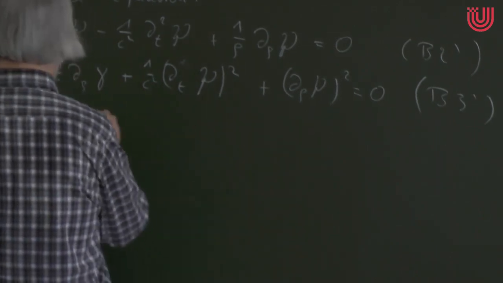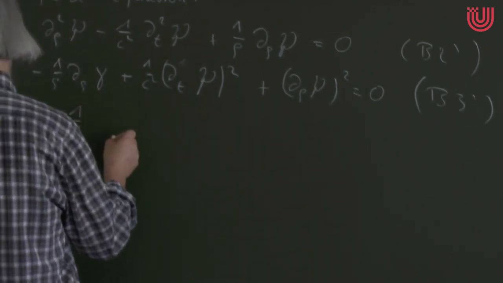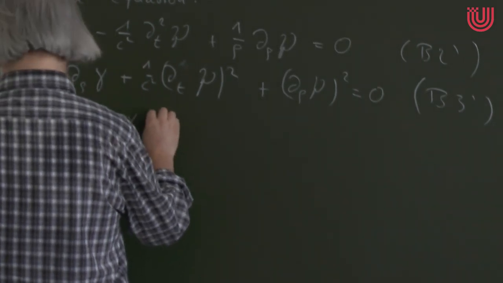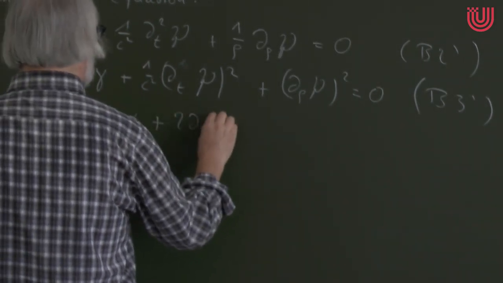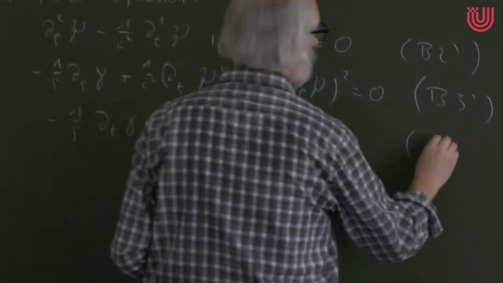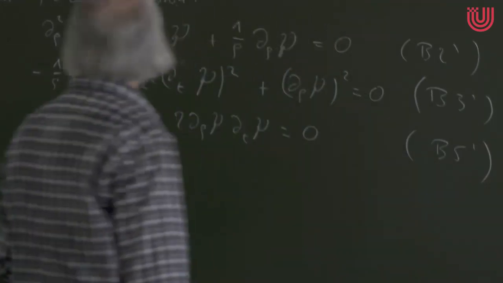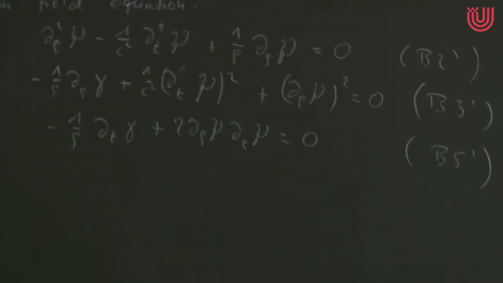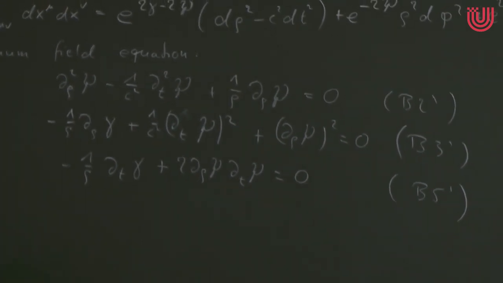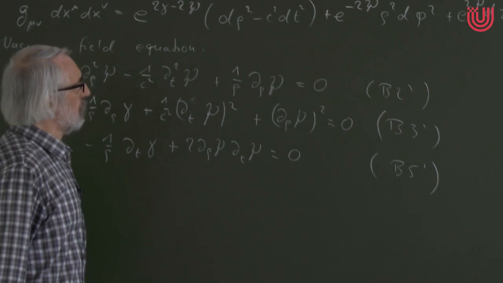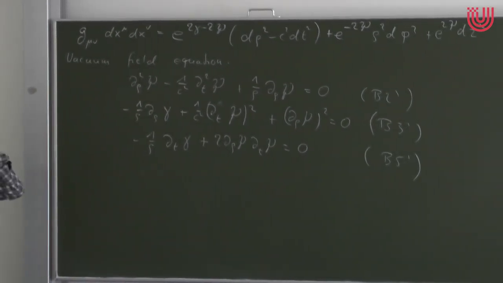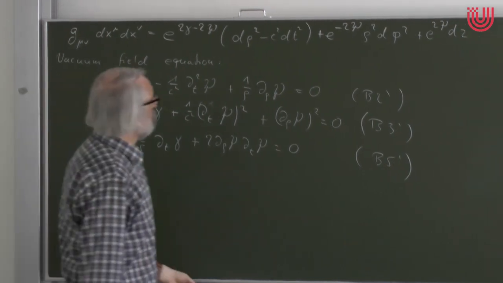B5 prime is minus 1 over rho dt gamma plus 2 d rho psi dt psi is equal to 0. And B4, as you can check, is a consequence of these three equations, so I don't have to write it again. If you differentiate these two equations and use the first one, then you get B4. So that's the set of equations we have to solve.